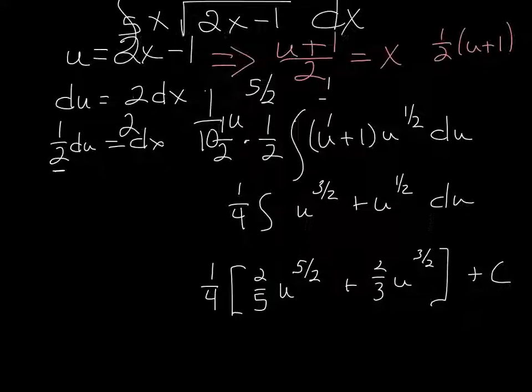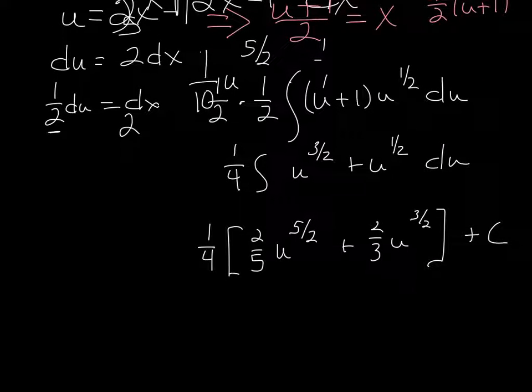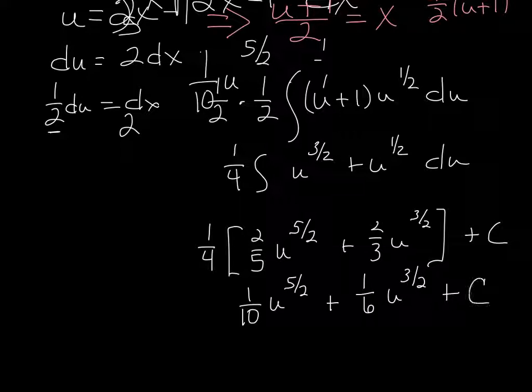So if we distribute our 1/4, this becomes 1/10 u to the 5 halves plus 1/6 u to the 3 halves plus c. Did I multiply those right?